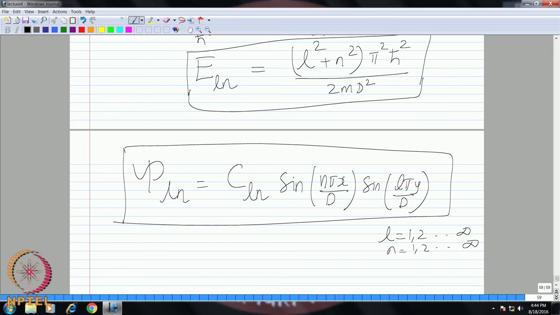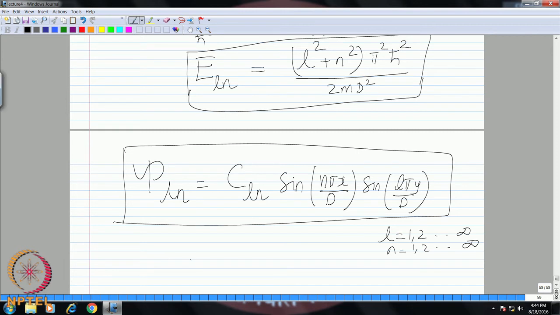The values of energy, irrespective of whether l equal to 1 and n equal to 2, or n equal to 1 and l equal to 2, whether you flip the values of l and n, are going to be the same, whereas the values of the wave functions are going to be different, right? In one case you have a function of x, in the other case a function of y.